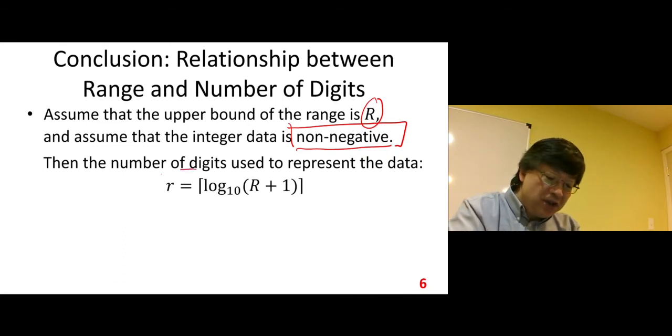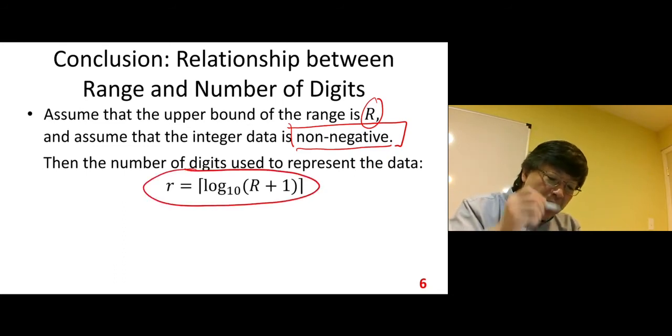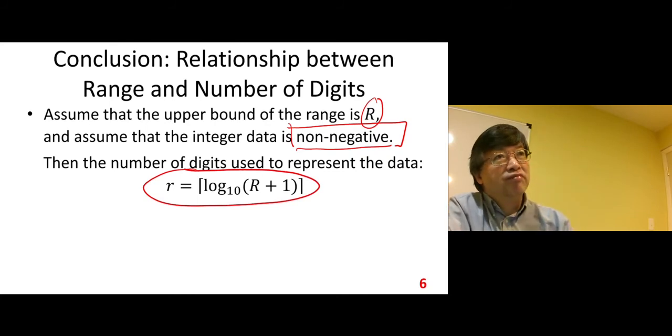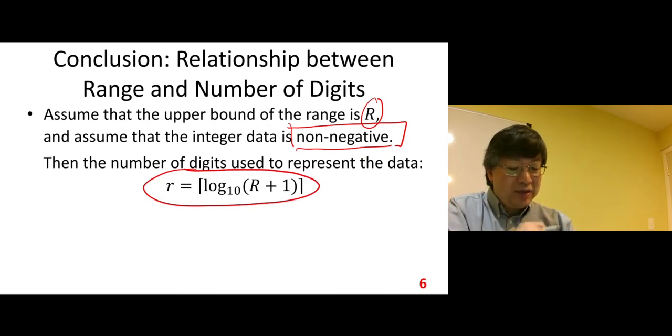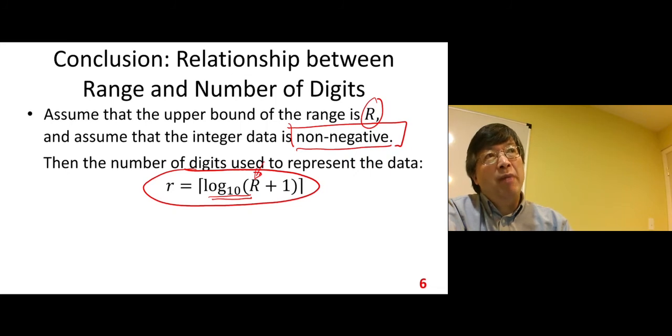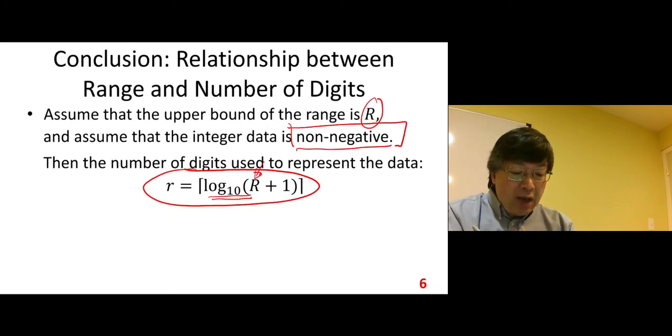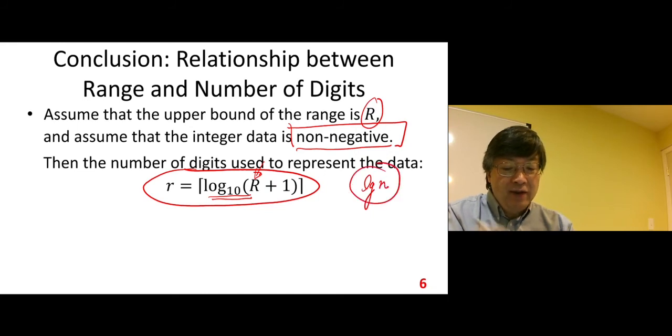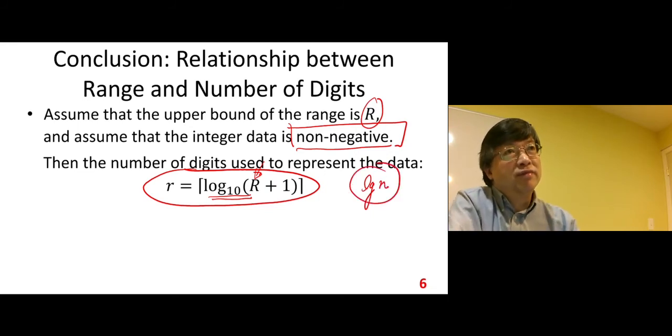So this is the digit number estimation. Here you can see we have this log, but this log is applied on the range capital R. It is not applied on the data size n. So that's different.